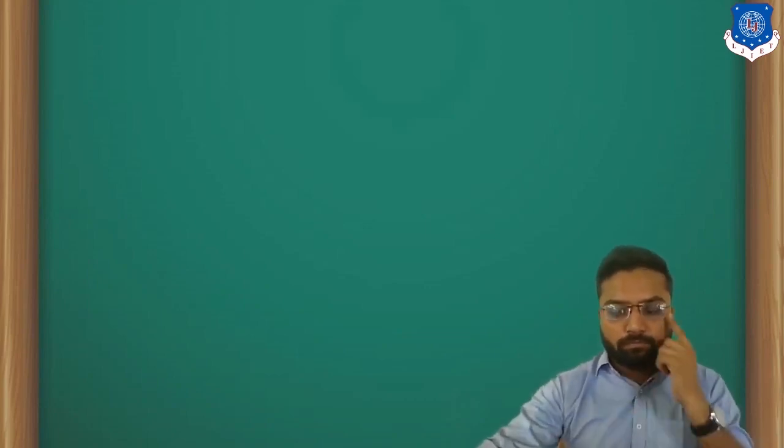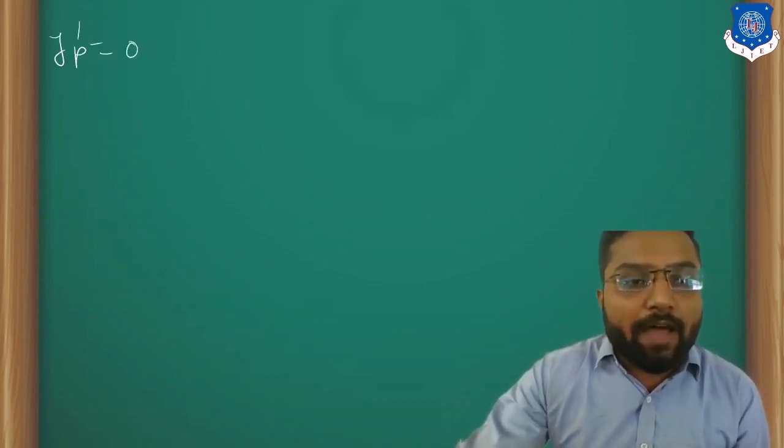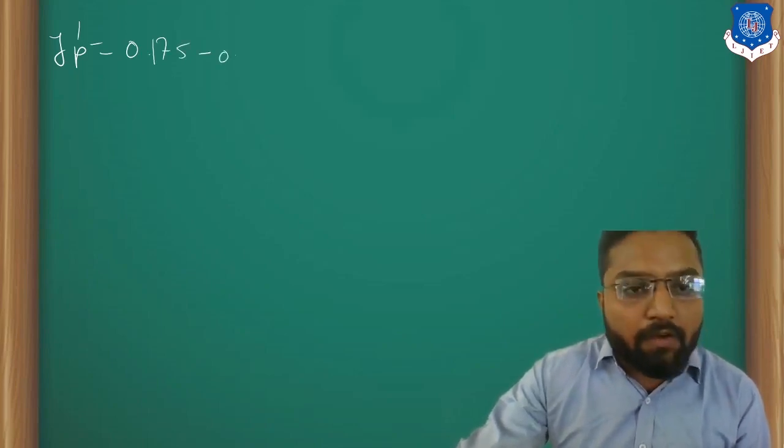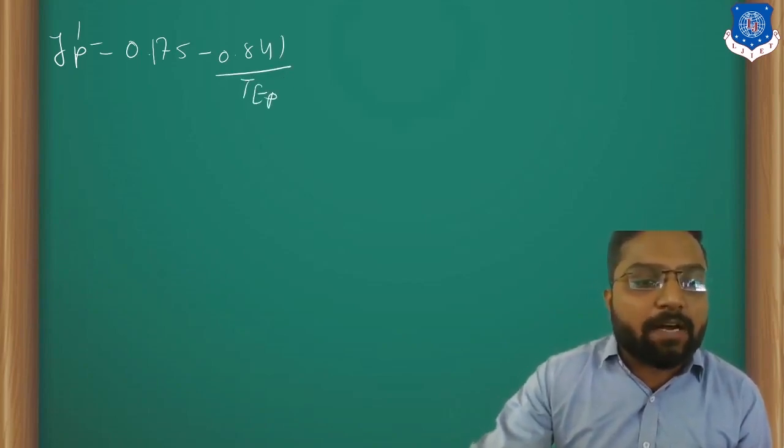Our next point is to find YP and how we are going to establish the relationship of YP. Clear? As well as all we have to find is this sigma P. Now for YP dash, we have the equation 0.175 minus 0.841 divided by TEP. TEP is nothing but the equivalent number of teeth.